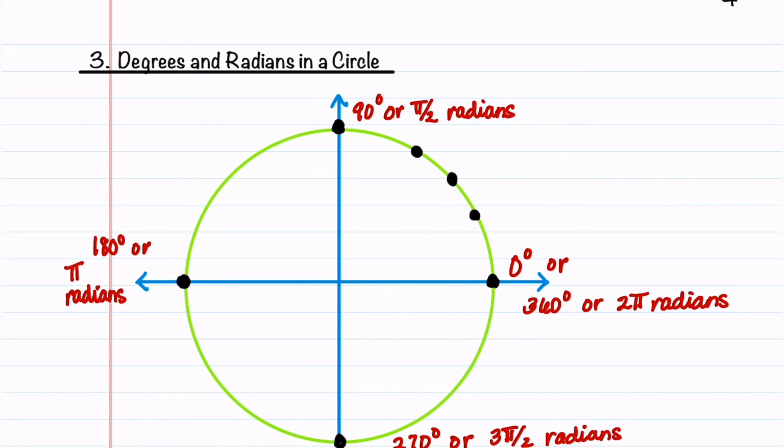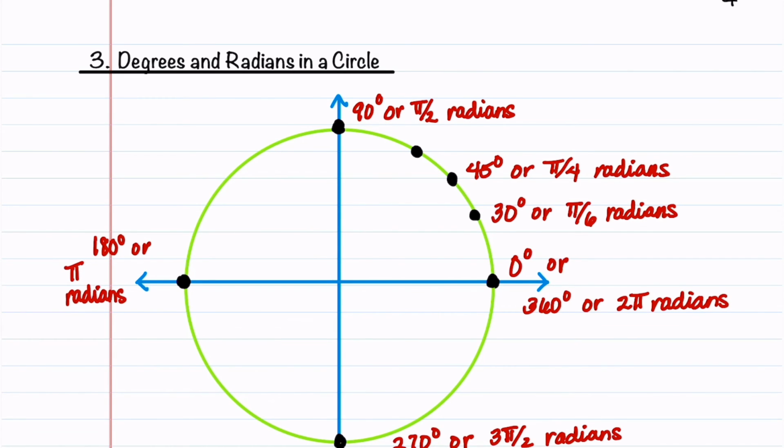We'll end by filling in some values that are used a lot in trigonometry. The first one is this one right here, where it's 30 degrees, or pi over 6 radians. The next one that we use a lot is 45 degrees, or pi over 4 radians.